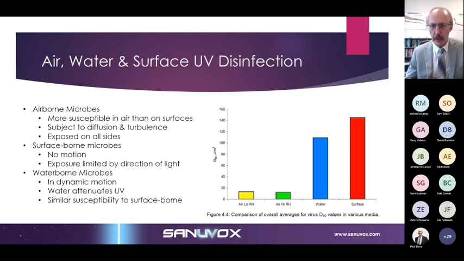I'll show you in a moment why there's a difference there. Waterborne microbes are assumed to be in dynamic motion. However, water attenuates UV, and as a result, the UV susceptibility in water is very similar to the susceptibility on surfaces.